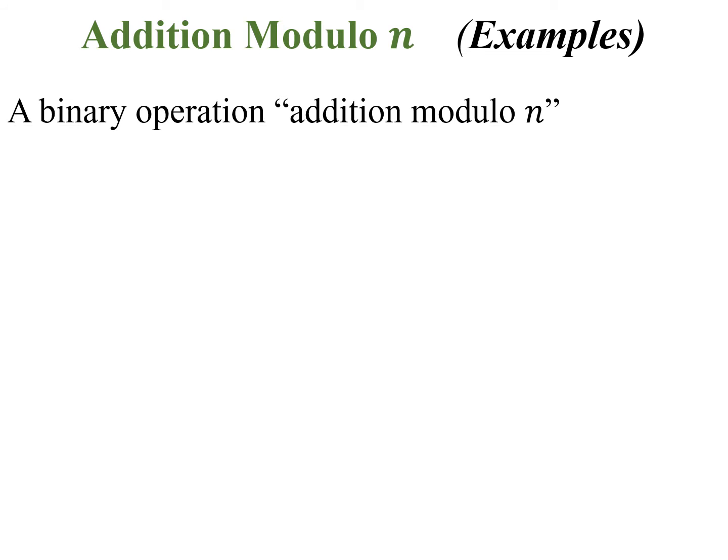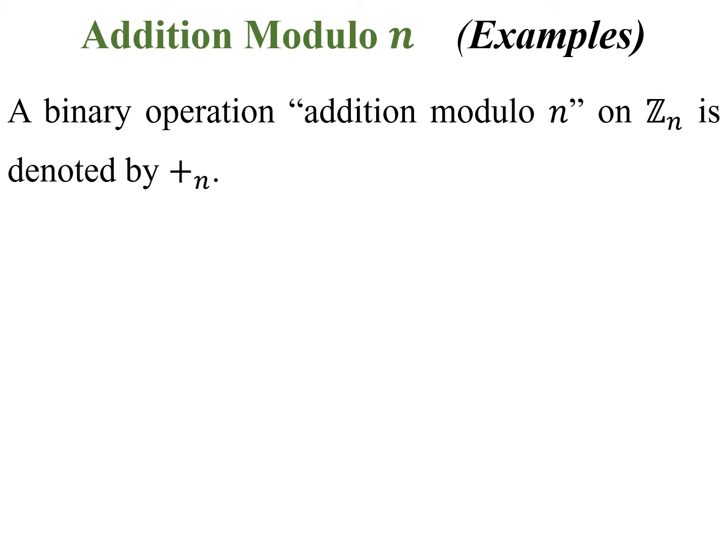Addition modulo n and multiplication modulo n, these are two binary operations on Zn. A binary operation addition modulo n on Zn is denoted by plus suffix n. This plus suffix n means this is addition modulo n, and it can be defined only on Zn, means plus 5 can be defined on Z5 only.